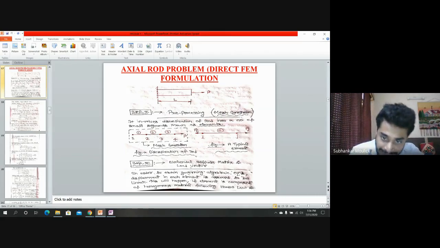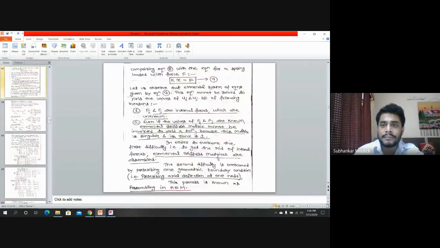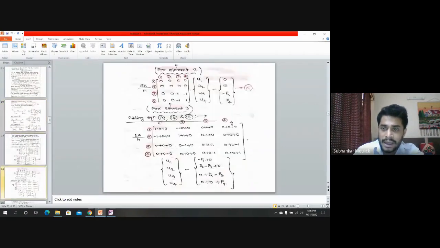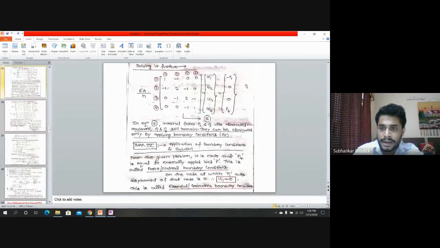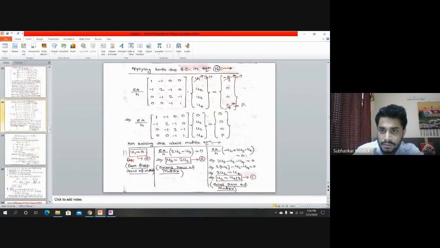And since node point 1 is fixed, there will be no force at nodal point 1, so I am writing F1 as 0.